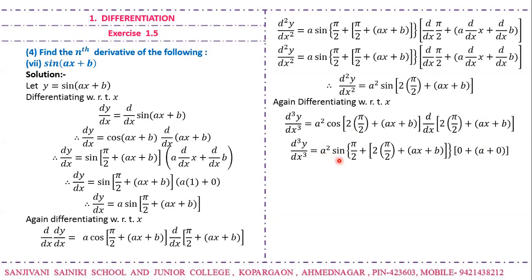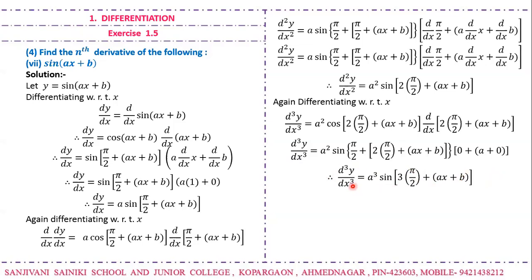And now this cos of theta, where this is the angle, I can write as sine 90 plus theta. Then a and a square is a cube, and pi by 2 plus 2 pi by 2 is 3 pi by 2. So d cube y by dx cube is a cube sine of 3 pi by 2 plus ax plus b. So this is the third order derivative.